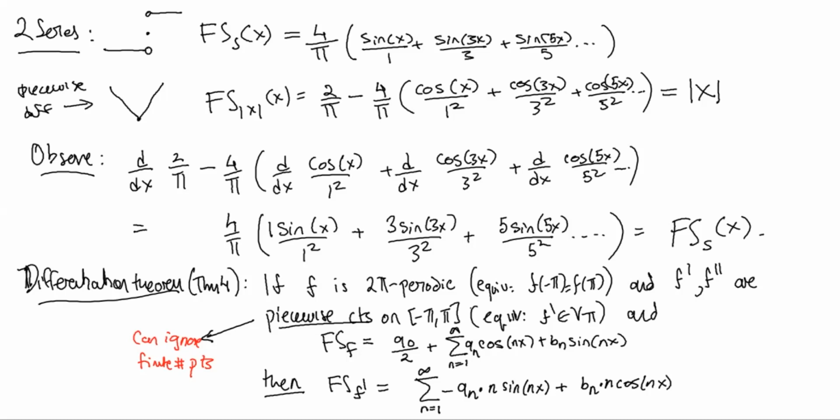And it is 2 pi periodic, by which I mean you can make a periodic extension out of it. Okay. Then what this is saying is you don't have to compute the Fourier series all over again. You can just take the Fourier series of the old function and differentiate all the terms, and you get the Fourier series of the new function.